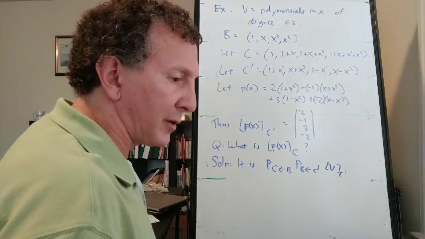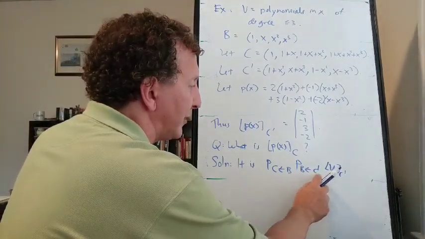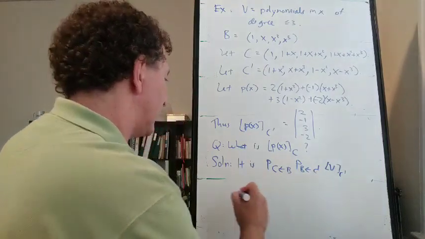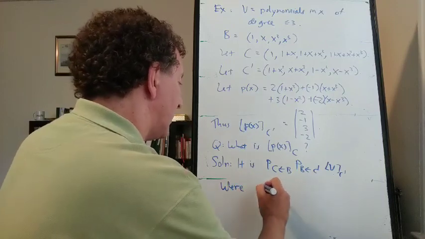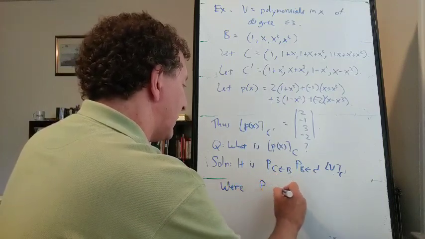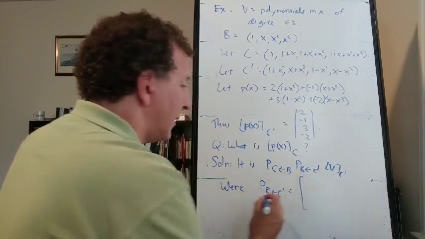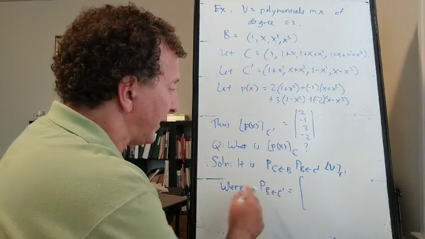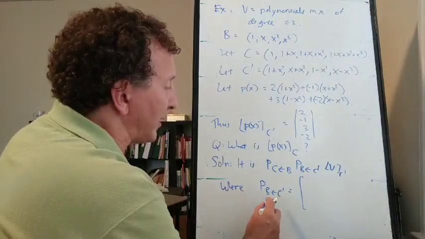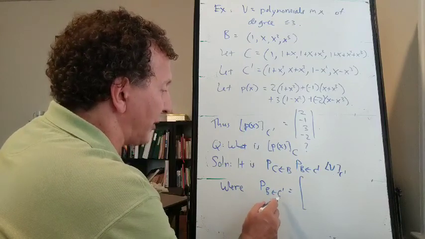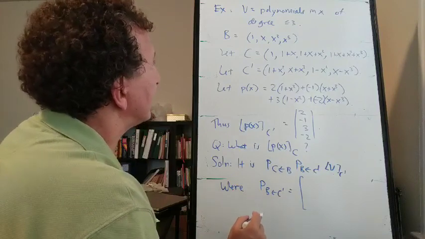So the change of basis matrix from C prime to B. Changing to the natural basis is always easy. All we have to do is copy the coordinate vectors of all the basis elements of C prime with respect to the natural basis.